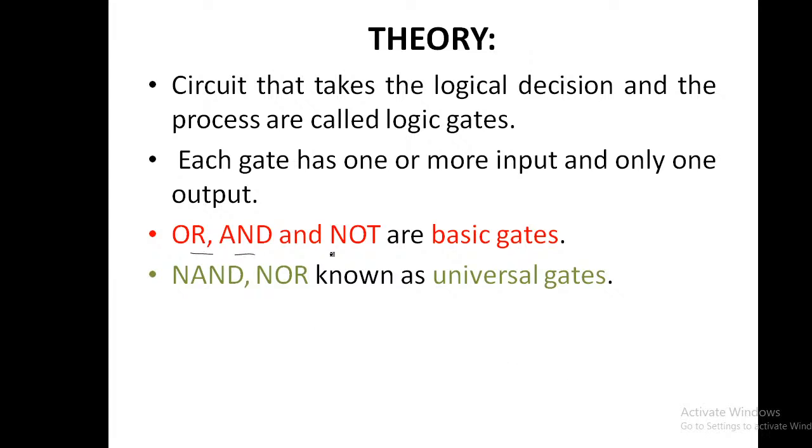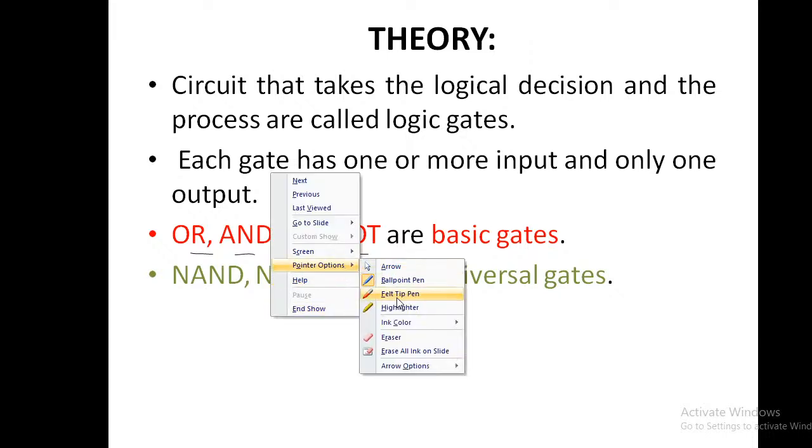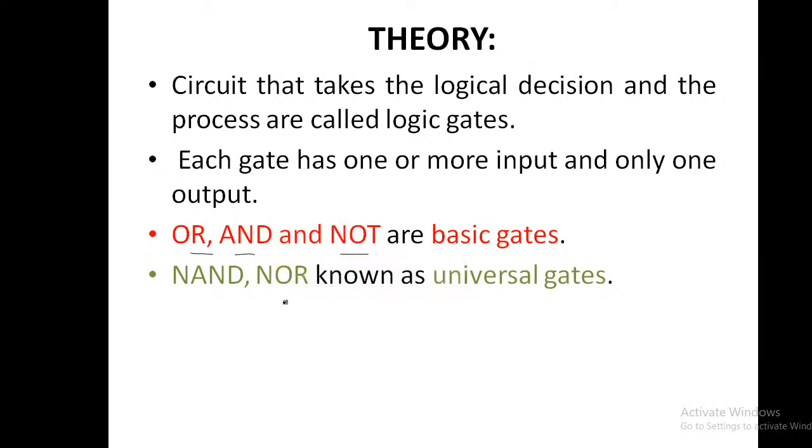These are the basic gates that you have, and 2 gates, NAND and NOR, are known as the universal gates, because any kind of gate can be implemented using this type of universal gates, right?